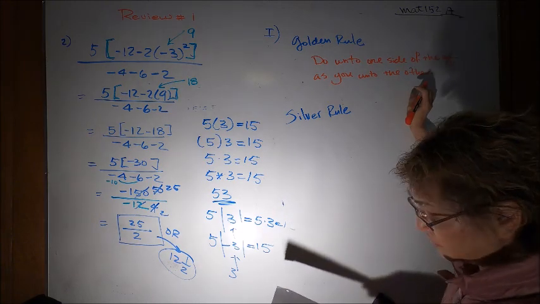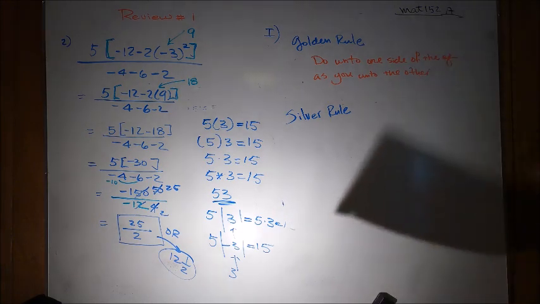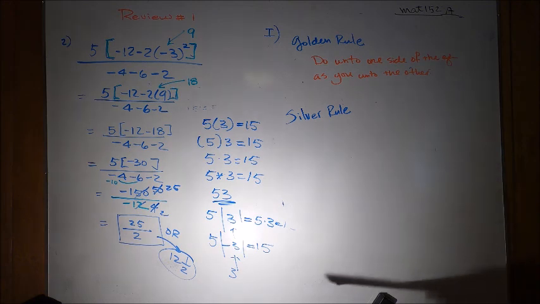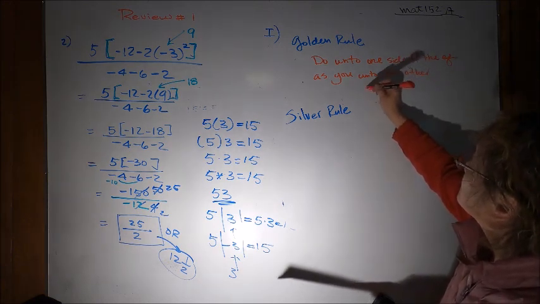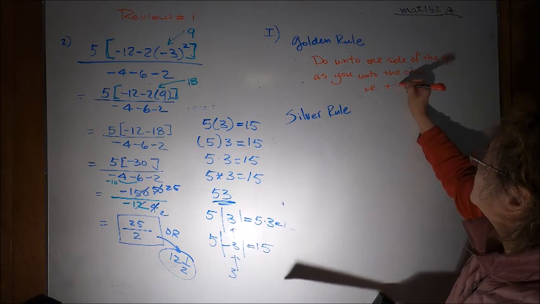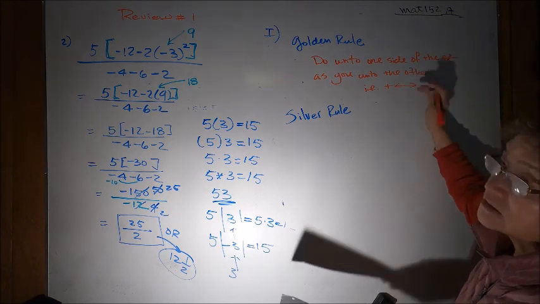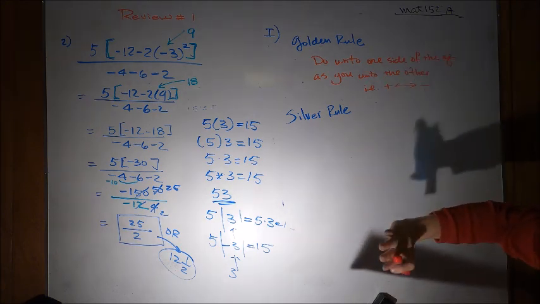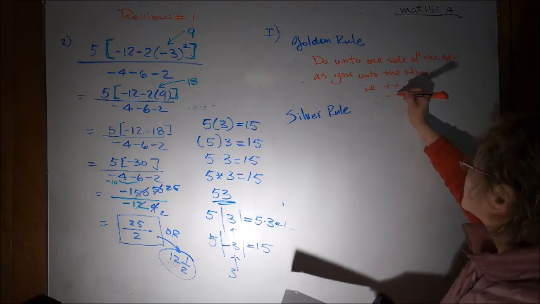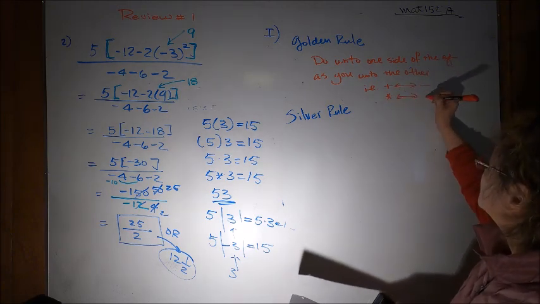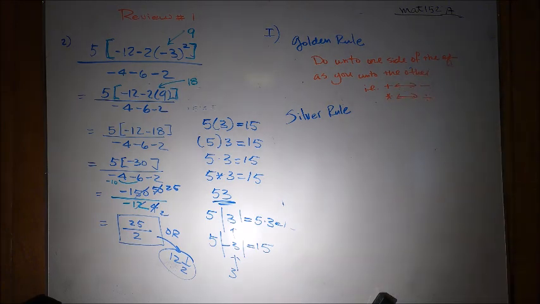Then we use inverse operations. That is what? If it's plus, you use minus, so you neutralize it on one side to move to the other side. Multiplication, you do what? Division.